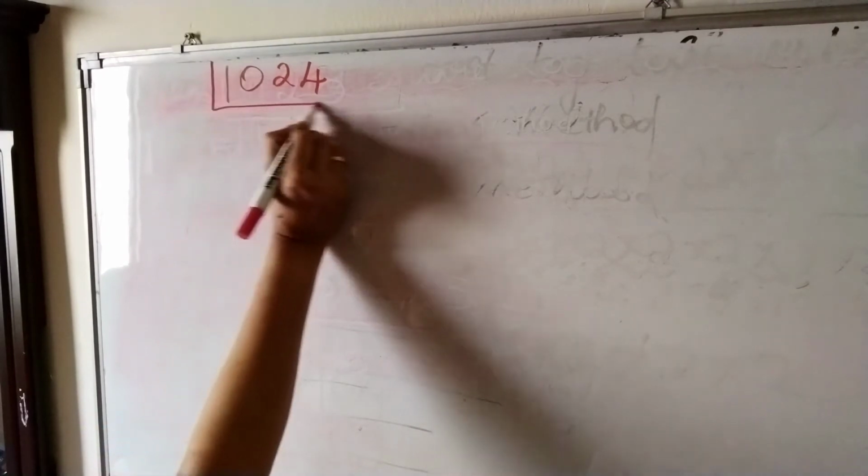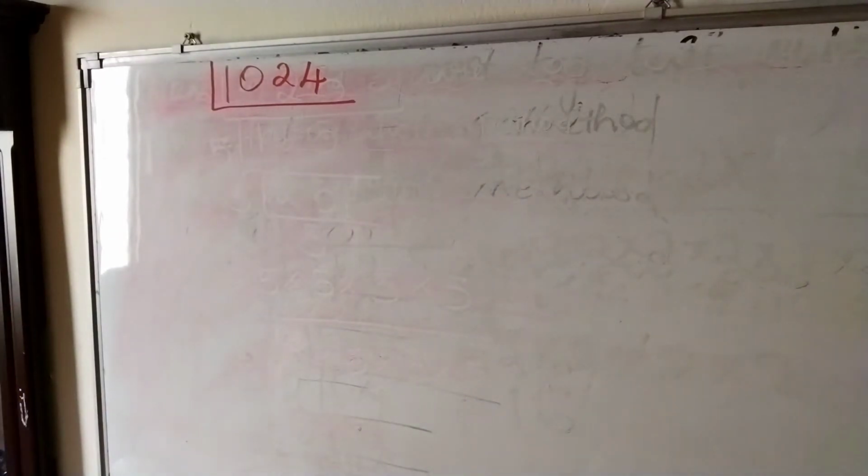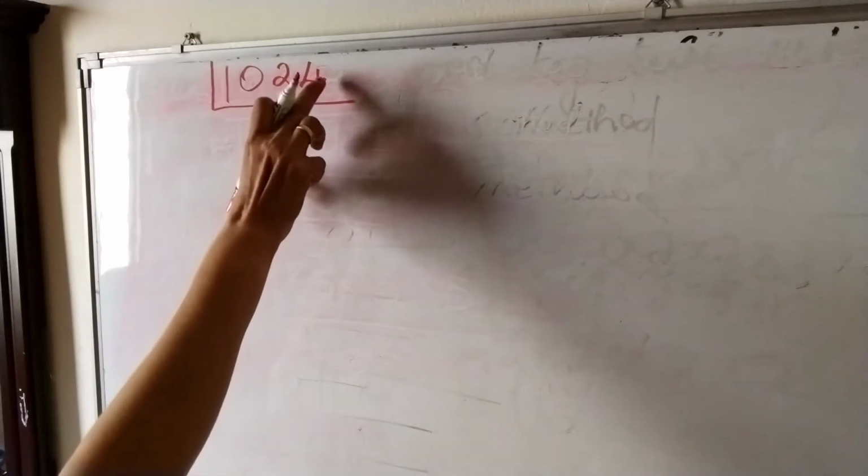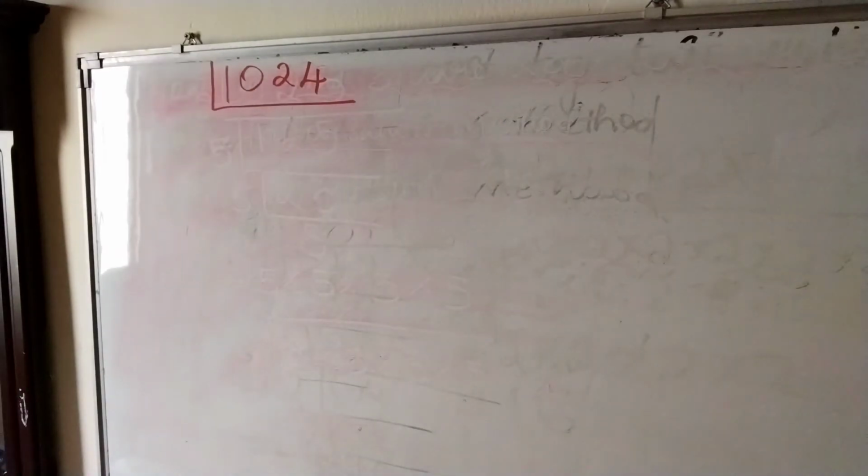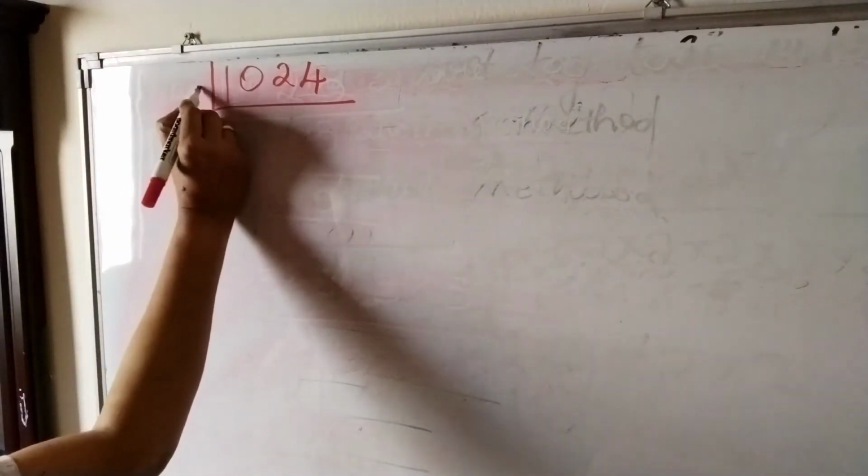Whether it is divisible by 2. Why? Its ones place is 4. A number that ends with 0, 2, 4, 6, 8 is divisible by 2. So it is divisible by 2.